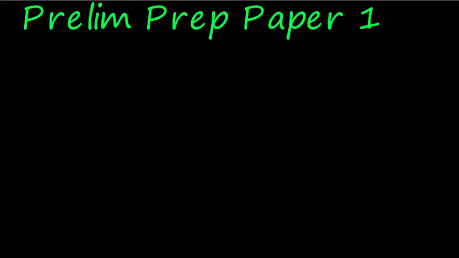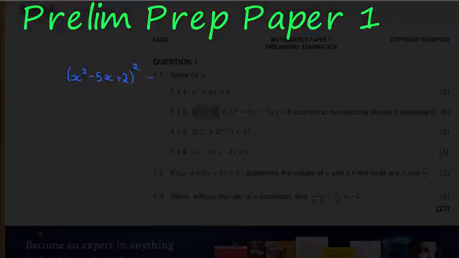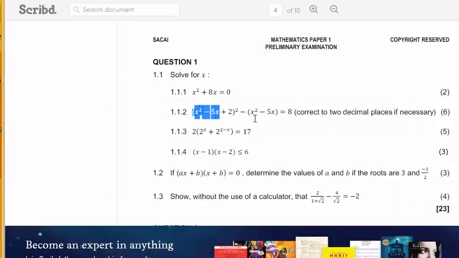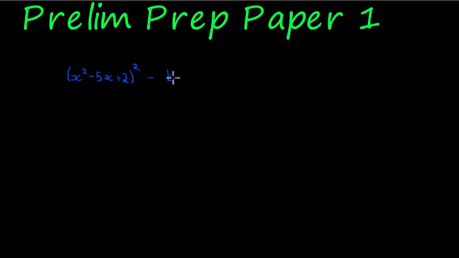So the question is x squared minus 5x plus 2, this whole thing is squared, minus, and then k is equal to 8. Minus k is equal to, sorry, not k, but what I'm going to call k.